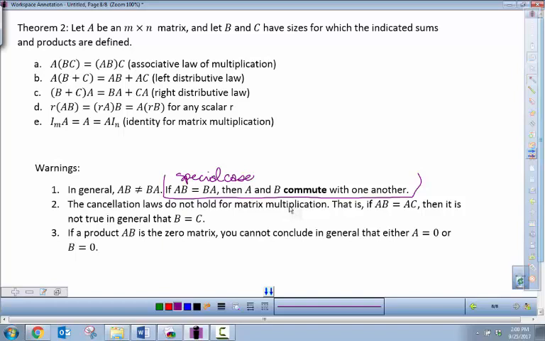We know that if we have two numbers that we're multiplying and the product is 0, then one or the other or both are equal to 0. That's not true for matrix multiplication either. Just because a product of two matrices is equal to 0 does not mean that one or both of those matrices are equal to 0. They could be both non-zero matrices, and when you multiply them, you get 0. So those are some of the warnings that seem to be true for real numbers, but are not necessarily true for matrices.